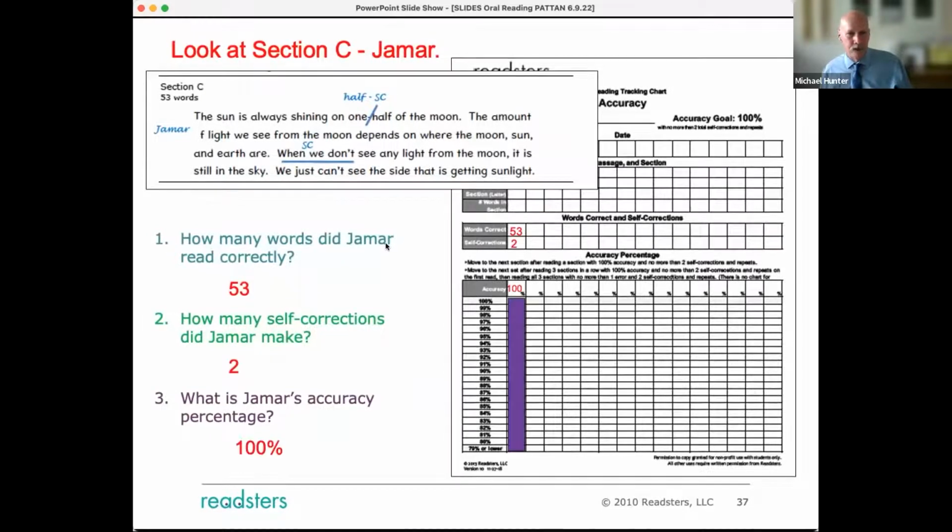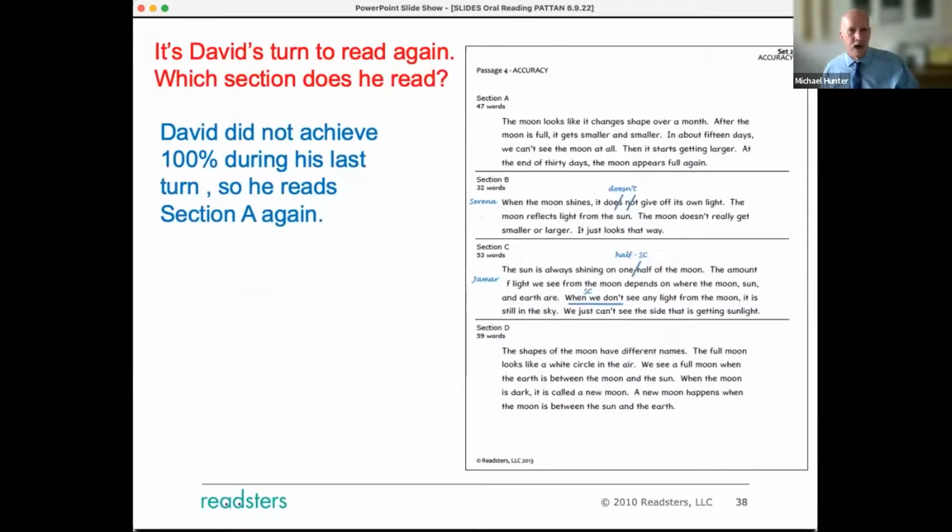But what I do want you to see is that Jamar had 2 self-corrections, but no errors. So he got 100%, even though he had the 2 self-corrections, because he only had 2. So in his next turn to read, there's no more sections in passage 4. He would go to passage 5 and read section A. And that would be his next practice.